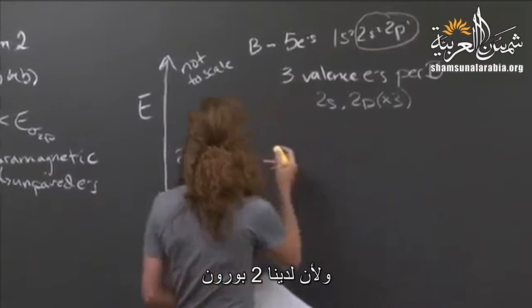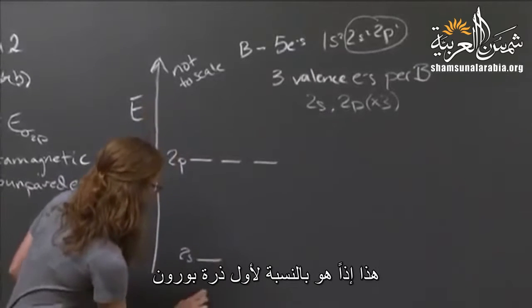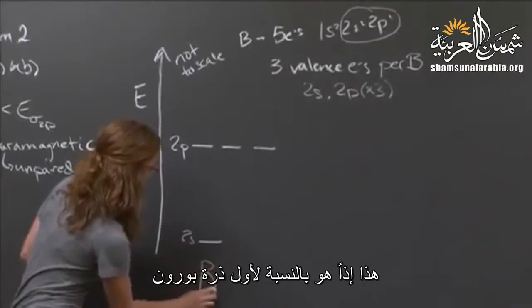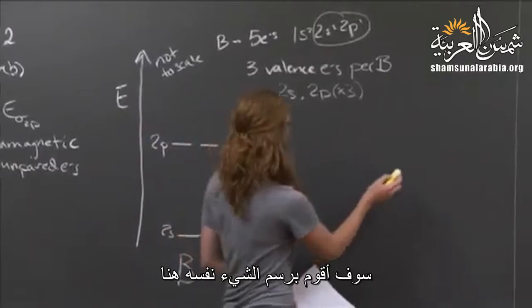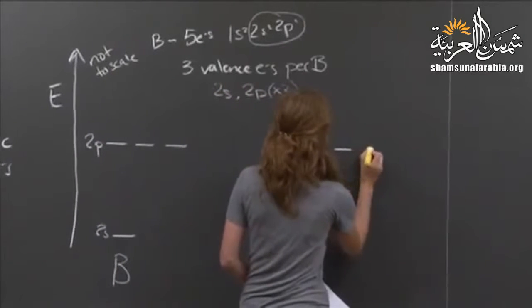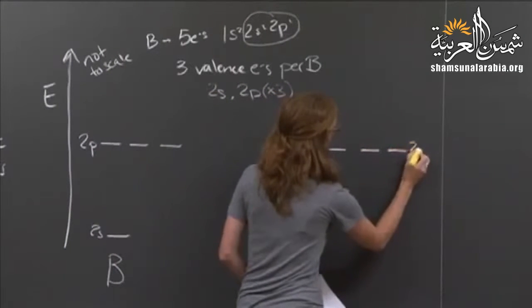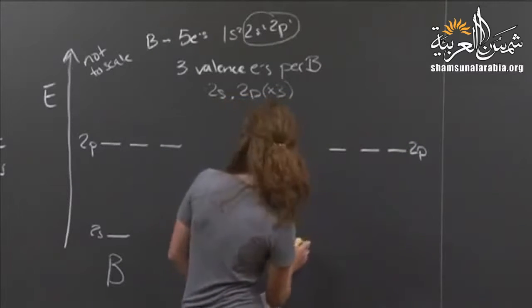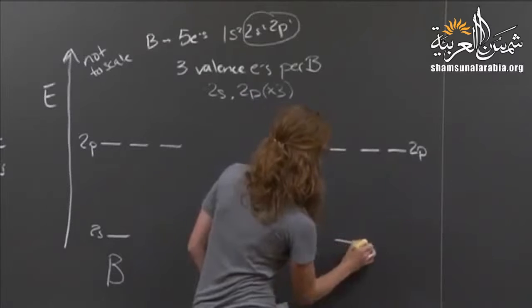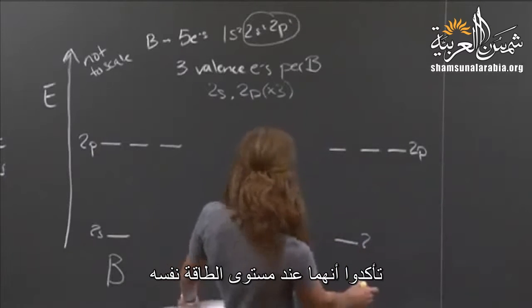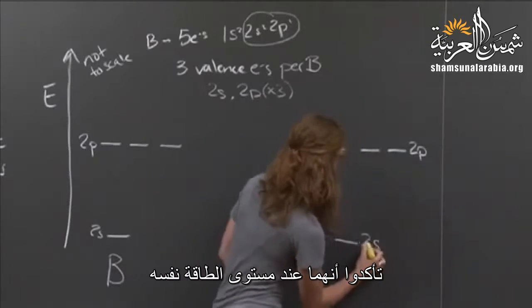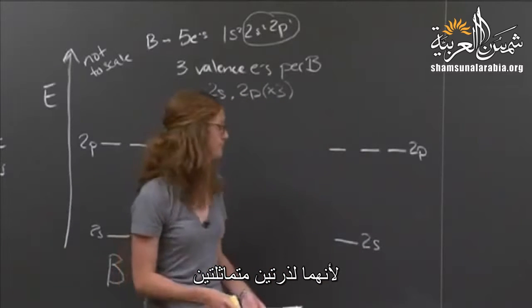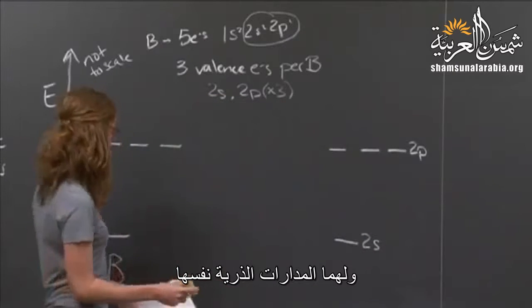And because we have 2 borons, so this is boron 1, I'm going to draw the same thing over here. Make sure they're at the same energy level because they are the exact same atom and therefore the same atomic orbitals.